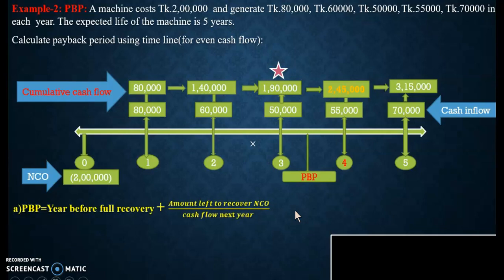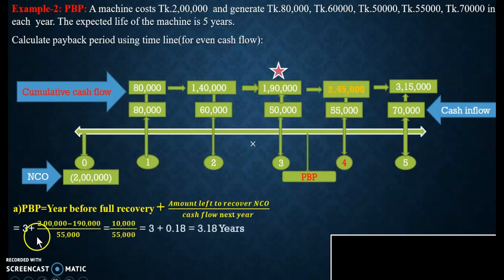So we calculate the payback period. 3 years are full years, plus the amount left to recover our NCO. The left amount will be 2 lakhs minus 1,90,000, divided by the cash flow of the next year.